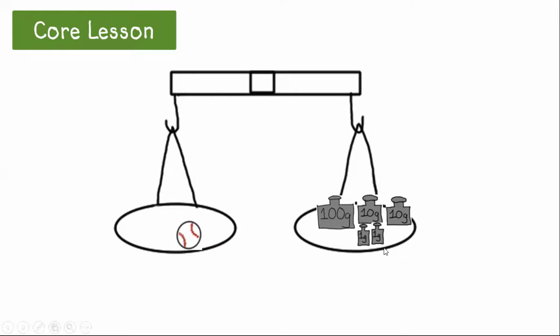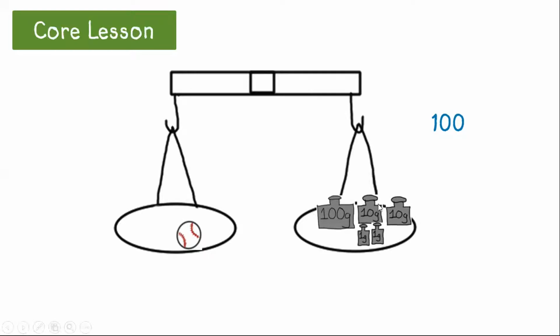Let's count them together. I need to find the total number of grams to determine the total mass of that ball. Let's add all these benchmarks together. We add the hundreds: 100.